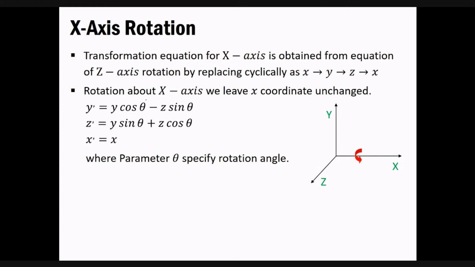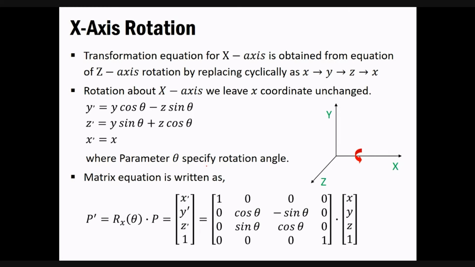For that, y dash equals y cos theta minus z sin theta. Similarly, z dash equals y sin theta plus z cos theta, and x dash equals x. Obviously you need the theta information for specifying the rotation angle. Similarly, you can write it in matrix form.